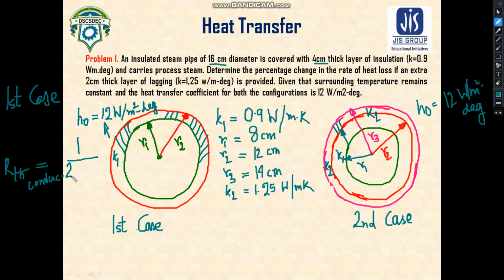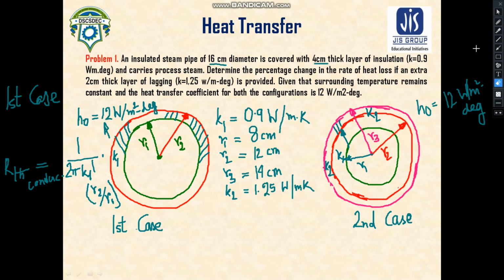1 by 2 pi K1 L multiplied by ln of R2 by R1, right? If you remember the formula, then this will be the conductive thermal resistance.